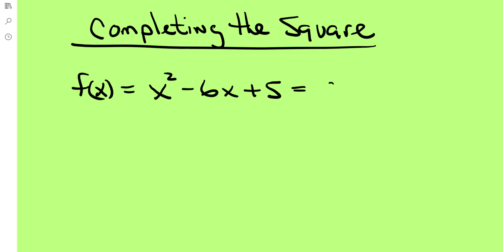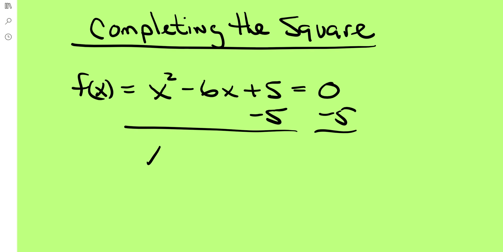That equals 0. Get my quadratic equal to 0, and I'm going to complete the square now. I'm going to start off by subtracting 5 from both sides. And I've got x squared minus 6x plus something that equals negative 5.